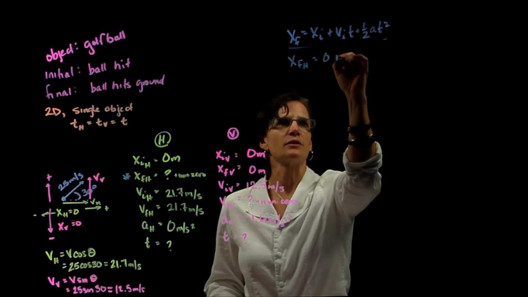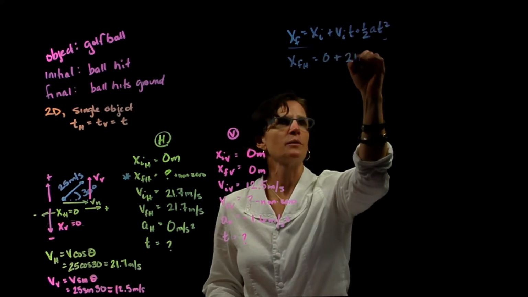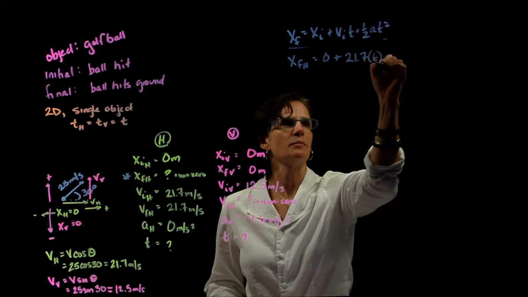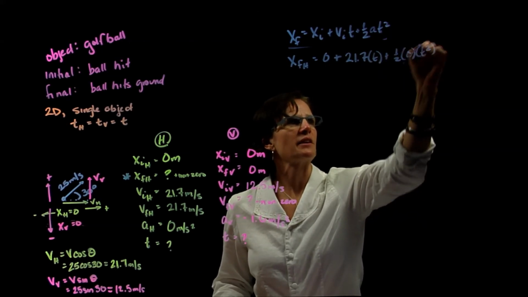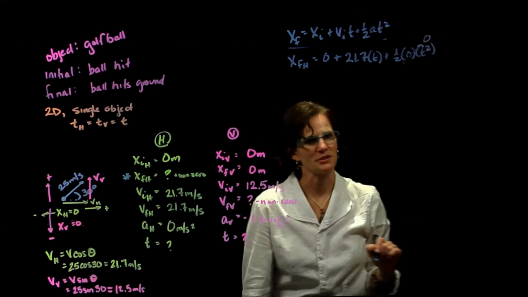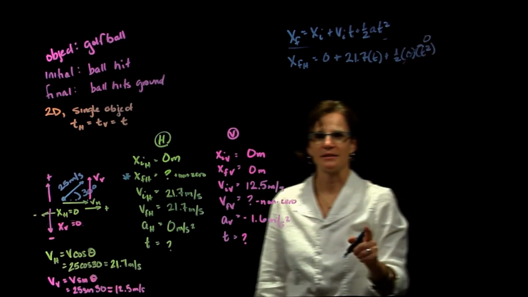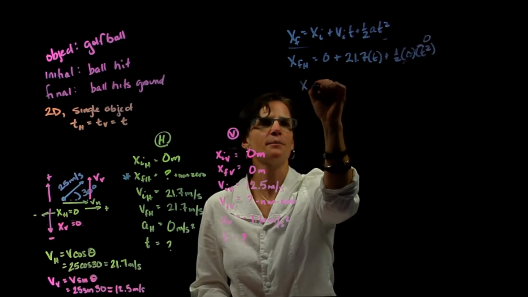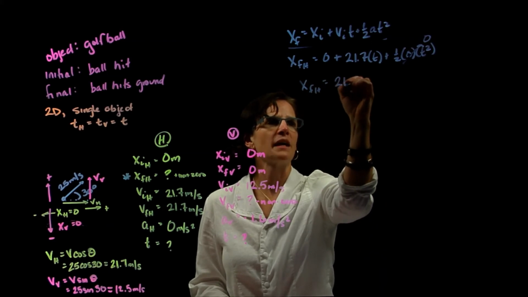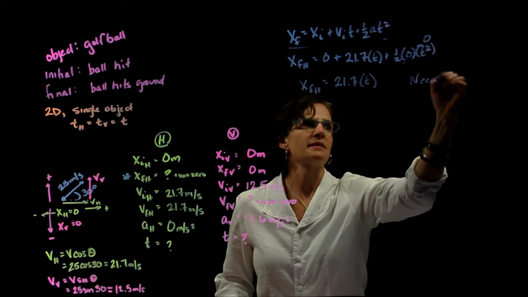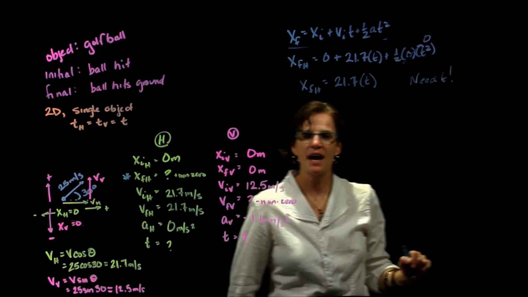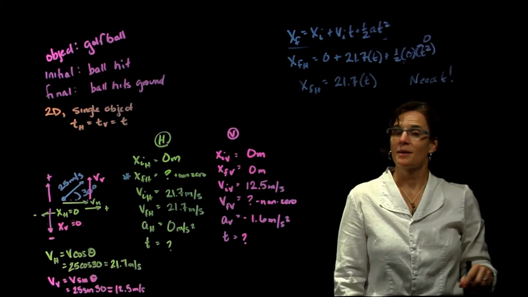X initial is 0. V initial is 21.7 times time plus 1/2 0 times time squared. And this term goes to 0 since we're multiplying by a 0. So simplifying this relationship, we end up with 21.7 time. Ooh, that means I need t. I need the time.